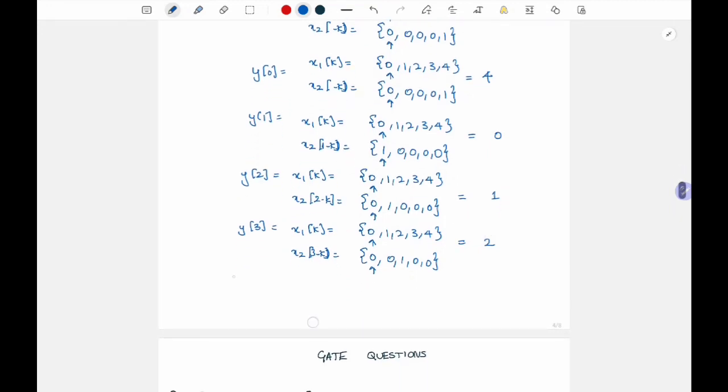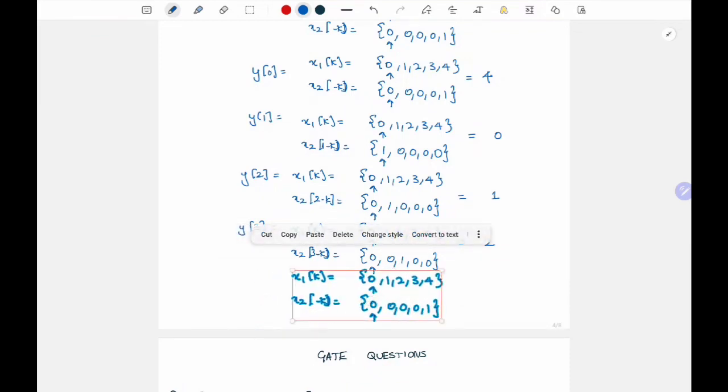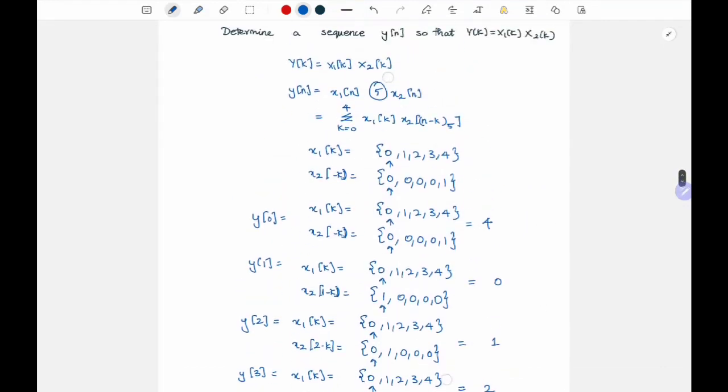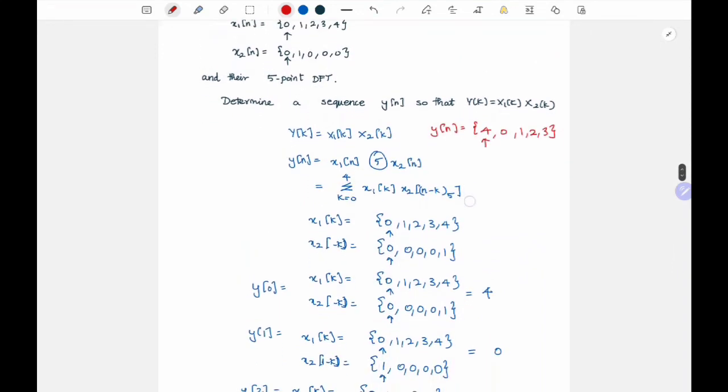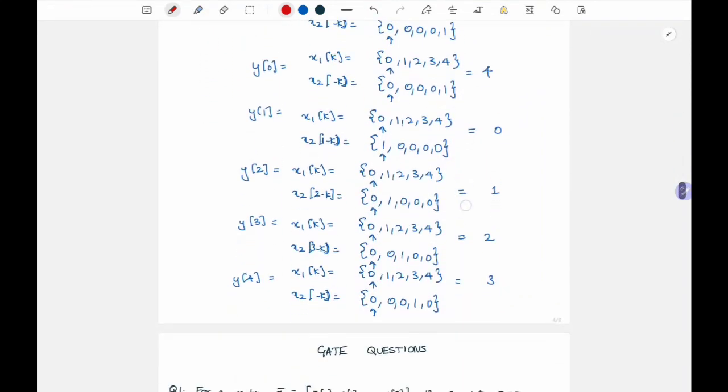So this will be 2. Similarly for y of 4, my 1 will actually come here. So this will be 3. So my y of n is nothing but 4, 0, 1, 2, 3. Okay, this is how you perform a circular convolution.